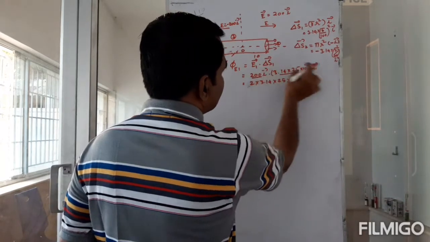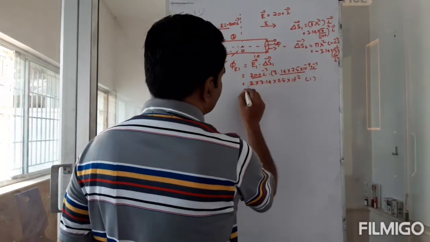Okay, 200, 10 power minus 4, that's what I will get, right?